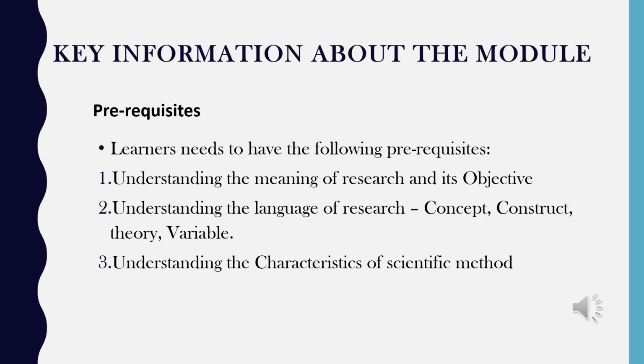Second, they need to have an understanding of the language of research, its concepts, like the words concepts, constructs, theory, variables. They need to know the meaning of such terms, for instance. Third of all, they also need to have an understanding of the characteristics of the scientific method. That is, what makes scientific research scientific.